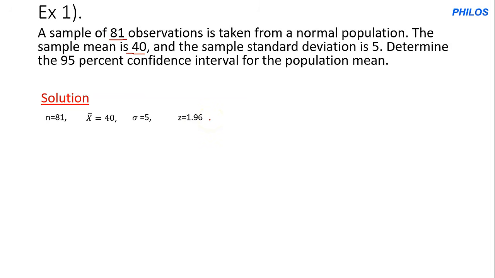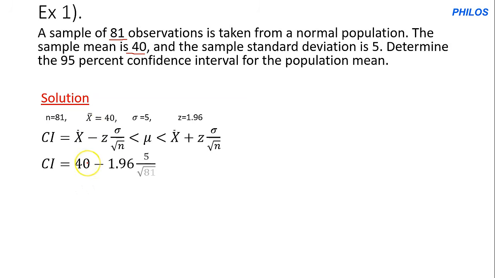So now, let's recall the formula for confidence interval. The formula for confidence interval says that X bar minus Z times standard deviation over root N, less than mu, less than X bar plus Z times standard deviation over root N. Since we have our N, we have our X bar, and we have our standard deviation and also the Z score, then we substitute into the formula. So when we substitute, we're going to have 40 as our X bar minus our Z, which is 1.96, isn't it?